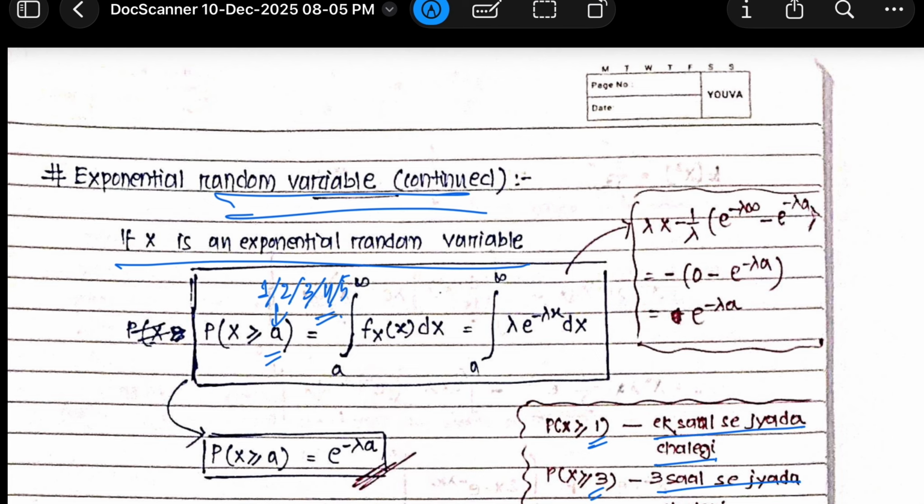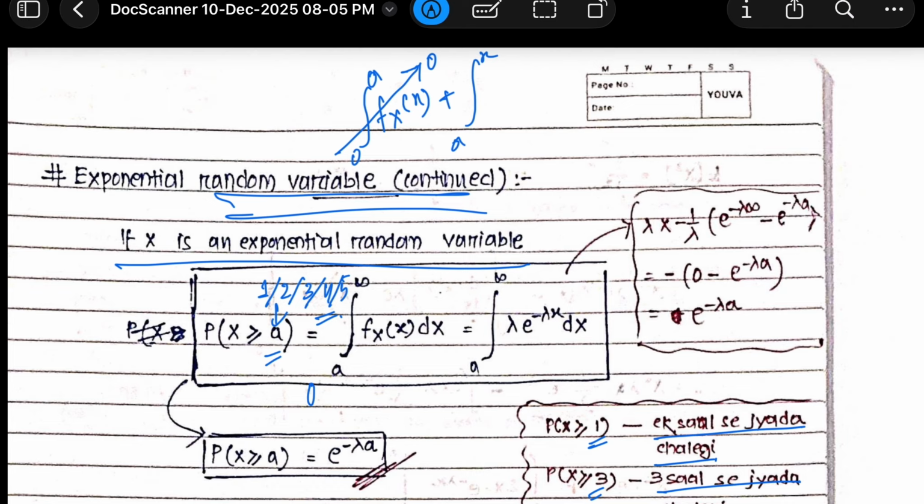So we will not do from 0 to infinity here, because from 0 we have to change the value.